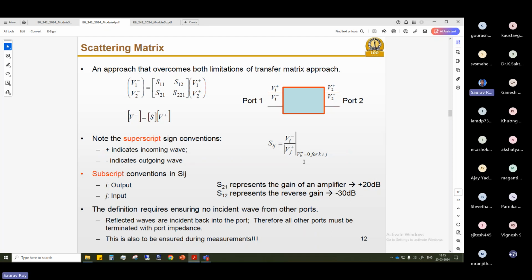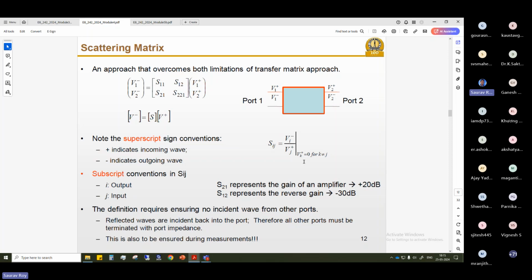Obviously, S11 is if you give some voltage at port 1, what is the reflected voltage at the same port. That is what we get as S11. So that tells us if we give some power at port 1, whether all the wave goes inside the network or some power comes back, reflected from port 1.